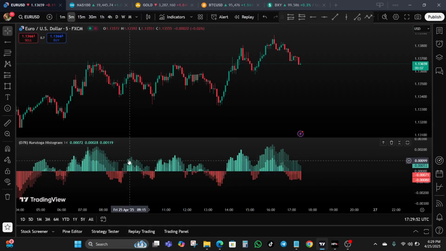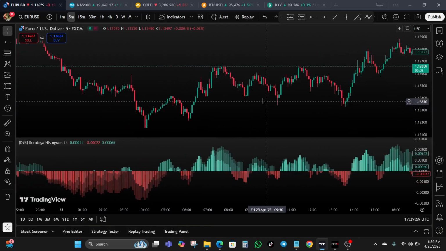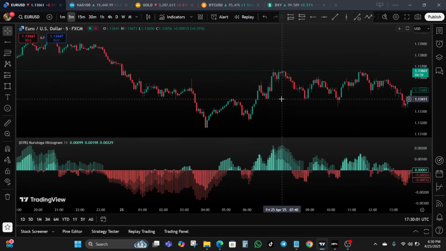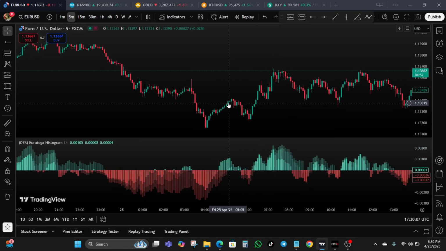Now, as you can see, the bars change color based on the trend direction, and when combined with other confluence points like support and resistance or supply and demand zones, this tool becomes deadly accurate.